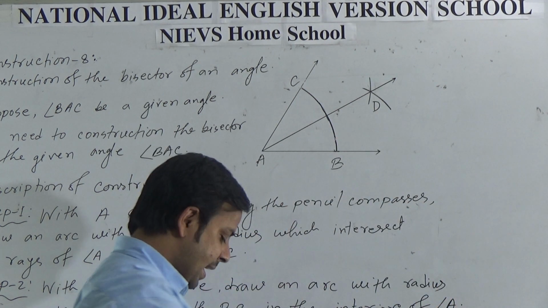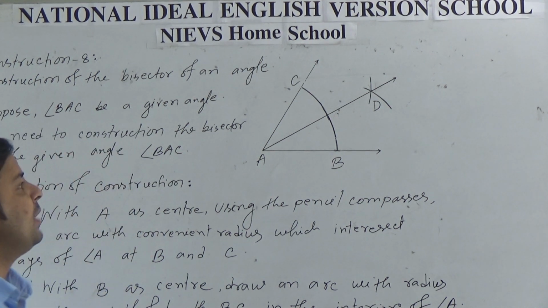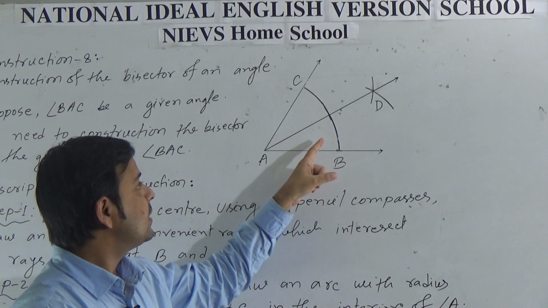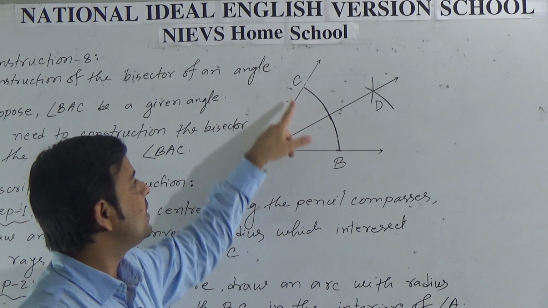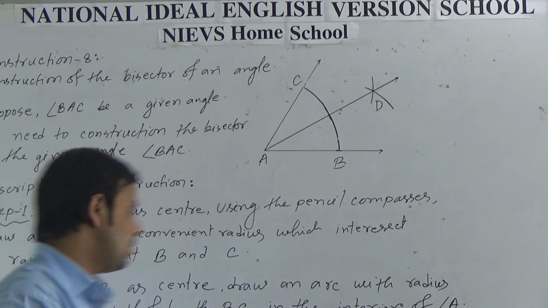If we join A and D by a ray, the ray AD will be the required bisector which divides angle BAC into two equal parts. So AD will be our required ray.